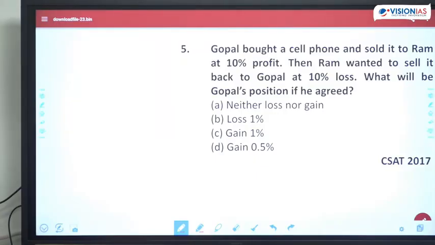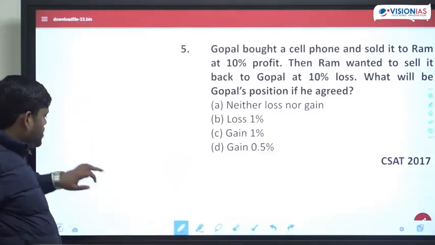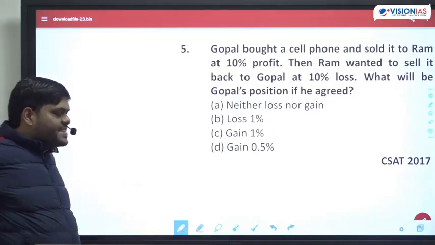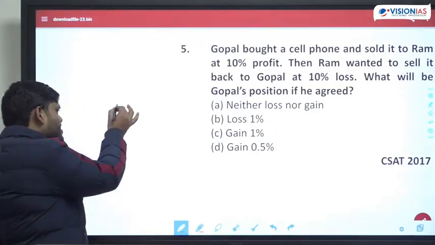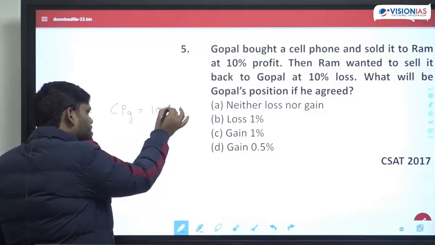Gopal bought a cell phone and sold it to Ram at 10% profit. See, I told you, when every piece of information is given in percentage and the final answer is also in percentage, we can assume a value. So let's assume the CP for Gopal is 100 rupees.